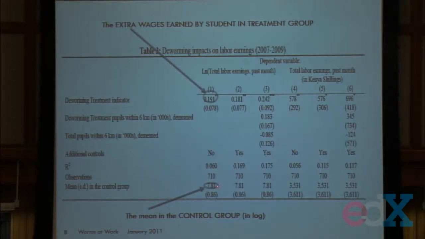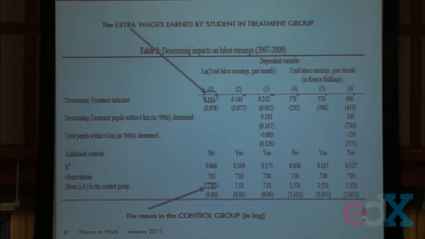The mean wage in the control group is 7.8, which corresponds to about the median and about the mode of the distribution. And the coefficient for the treatment group is log 0.18, so that means about 19 percentage points higher than the mean in the control group.